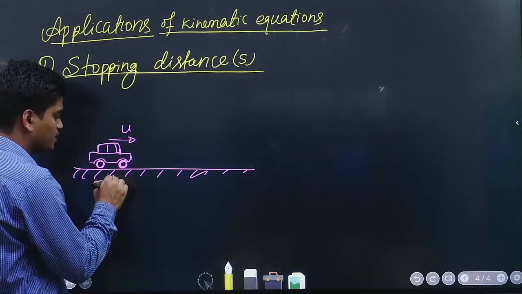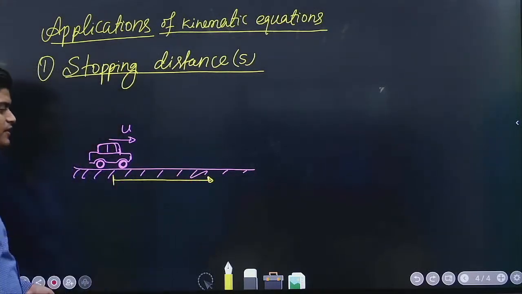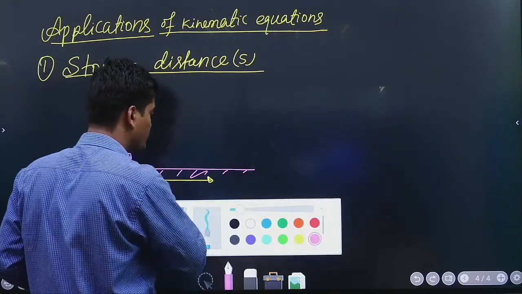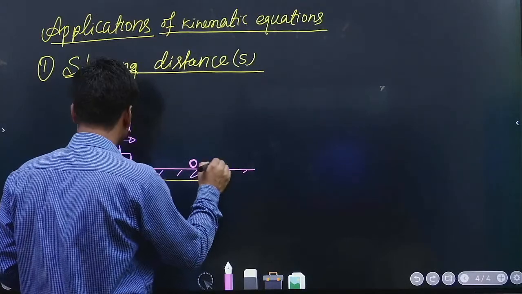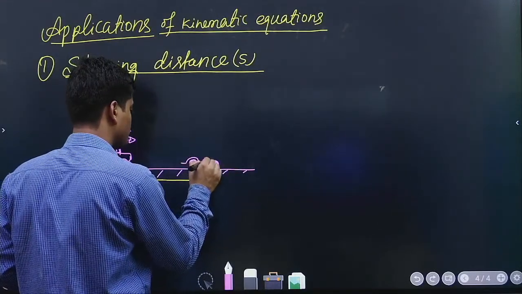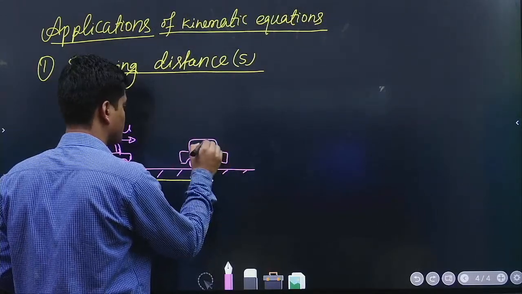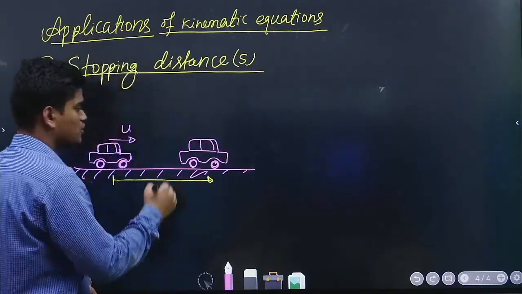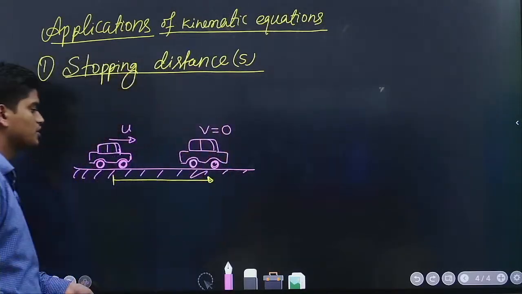After traveling some distance, on the same road in a straight line, it stops somewhere. So if the car is stopping, the velocity will become 0.